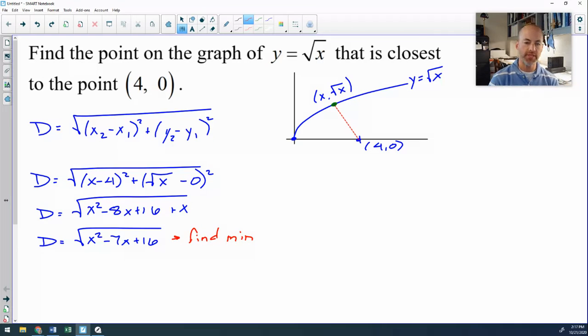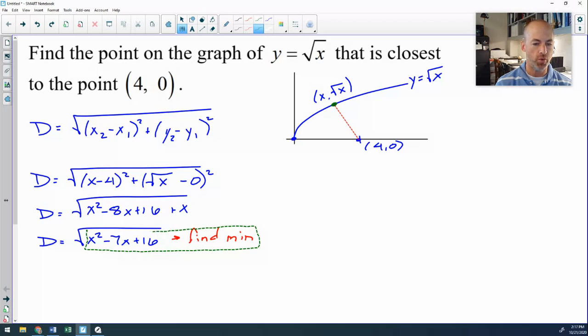And anytime you see the word minimum or maximum, you should immediately think critical numbers. So I want to differentiate this and set equal to 0, but to make the problem a little bit easier, I'm going to adjust what I'm minimizing. If I want to minimize a square root, what I could do is actually minimize what's under the square root.